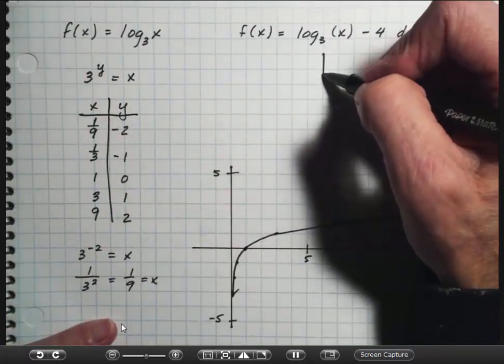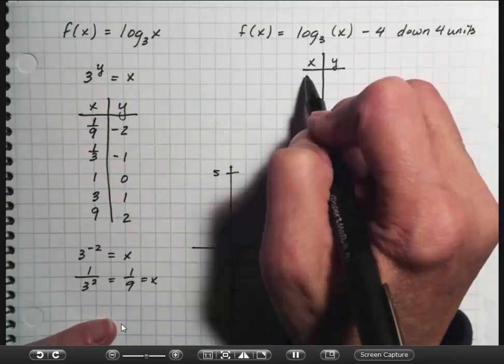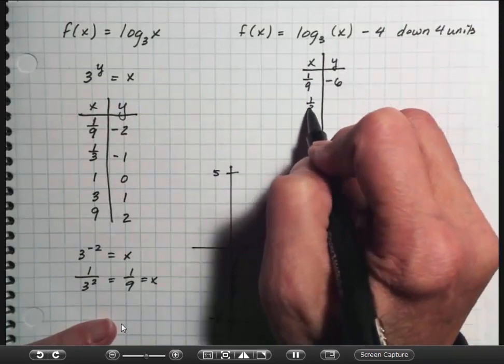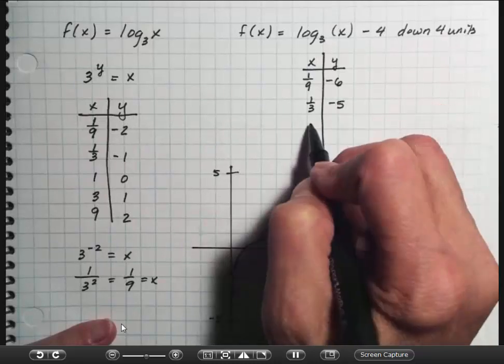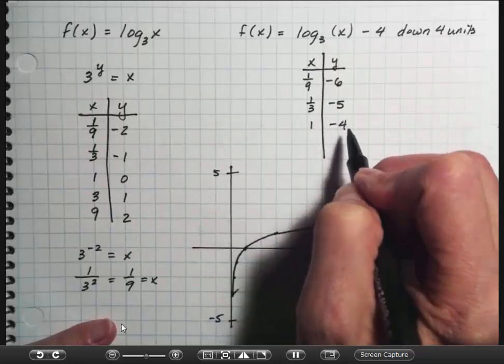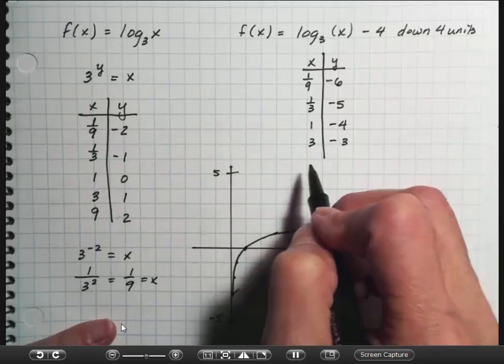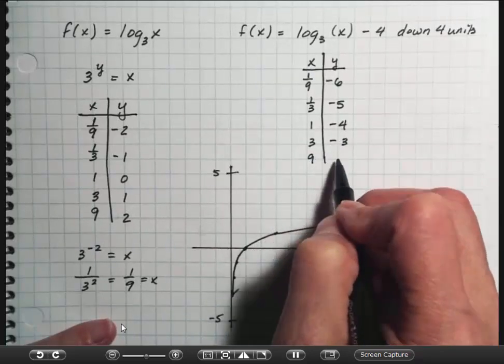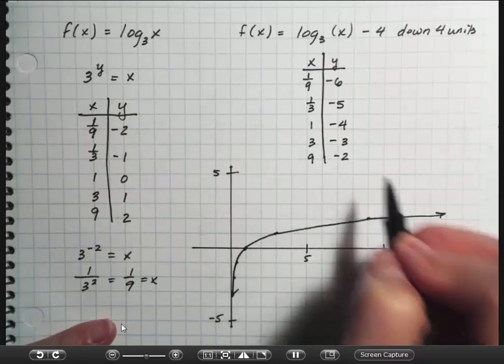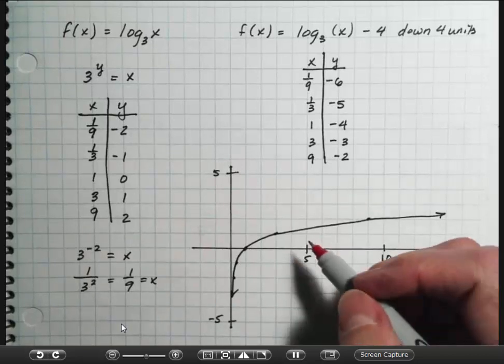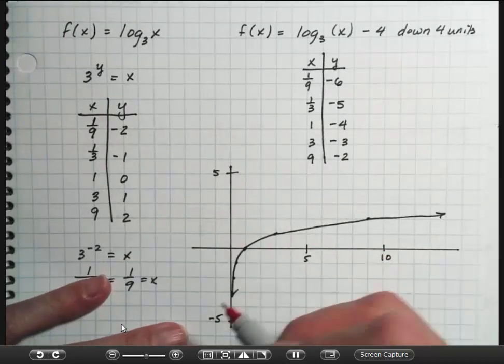My x values are going to stay the same, so I have (1/9, -6), (1/3, -5), (1, -4), (3, -3), and (9, -2). So now graphing this, I have (1/9, -6).